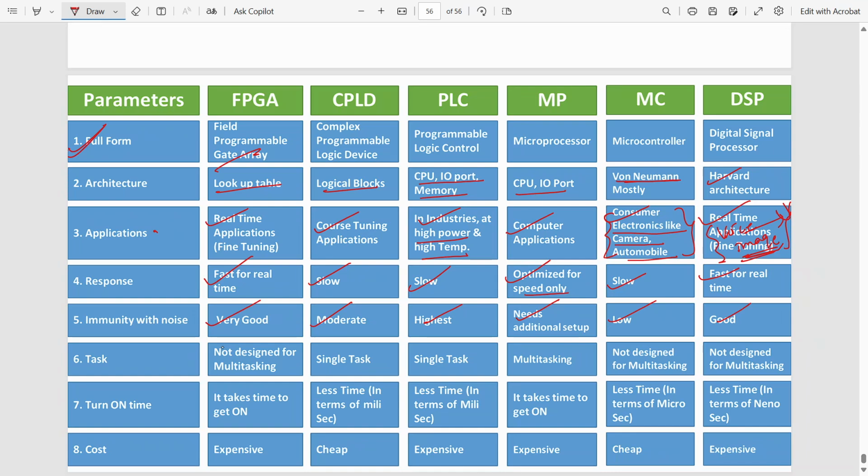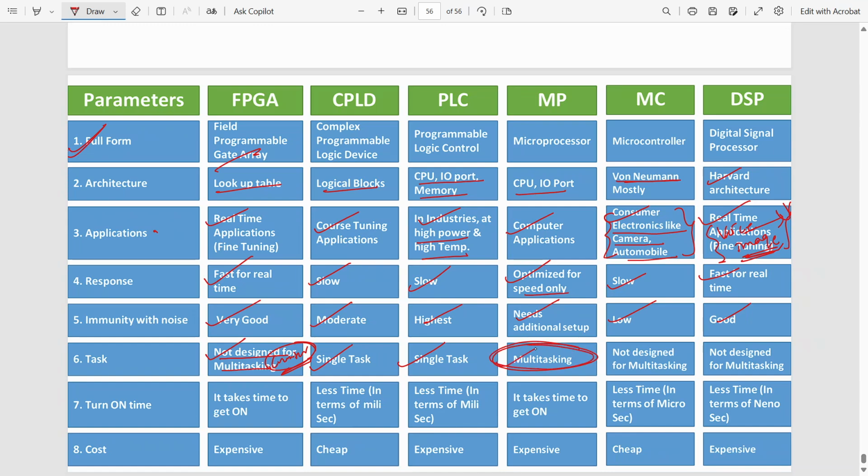Task: this is not designed for multitasking, only for single tasking. Suppose you want to design a counter and you put the program into this FPGA, it can be used as a counter only. It cannot be designed for multitasking, only a single task it will do. This is also single task. A microprocessor can do multiple tasks.